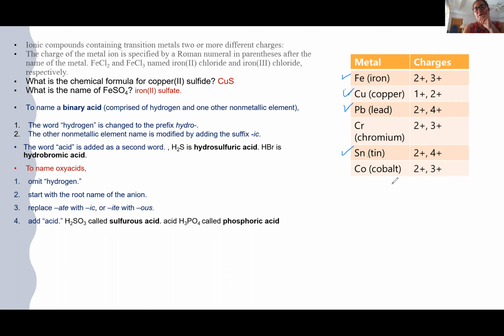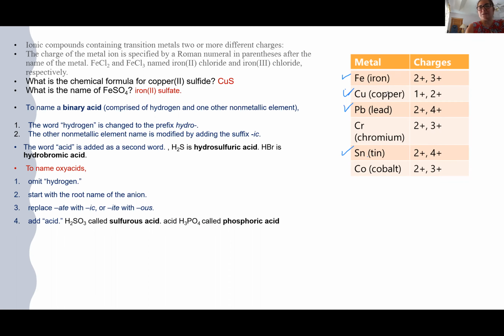Others will be given, like for gold we have 1 and 2, silver is always 1. So memorize these variable charges.